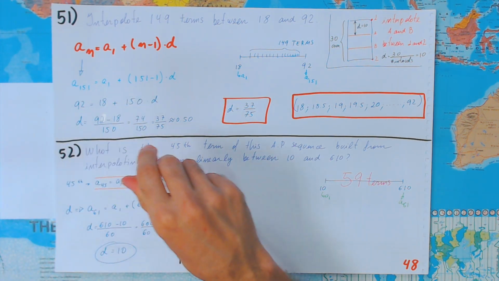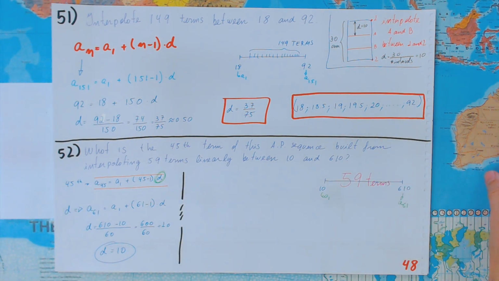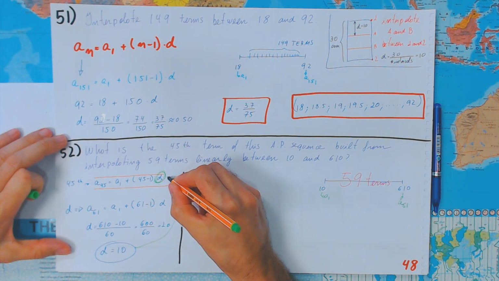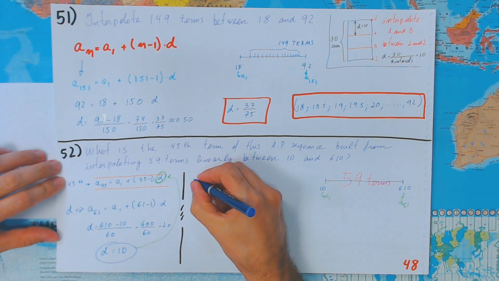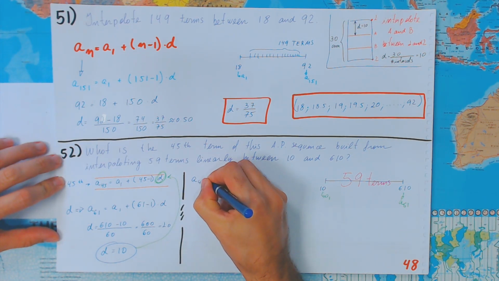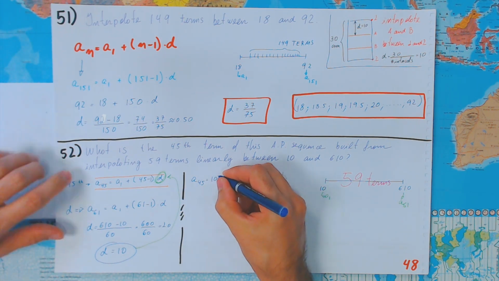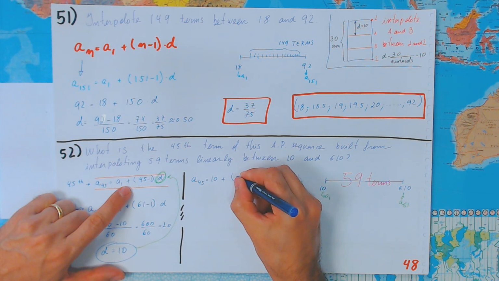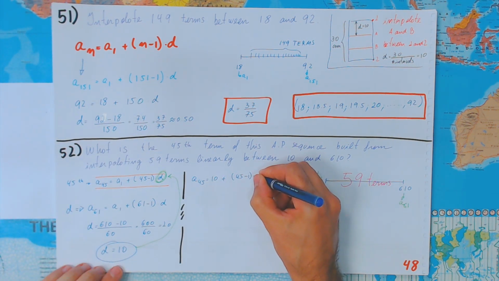Now it's easy, right? Once we have found the common difference, we just plug it in here and get the 45th term. So a45 is going to be a1, which is 10, applying this equation, plus 45 minus 1 times d, and d is now 10.